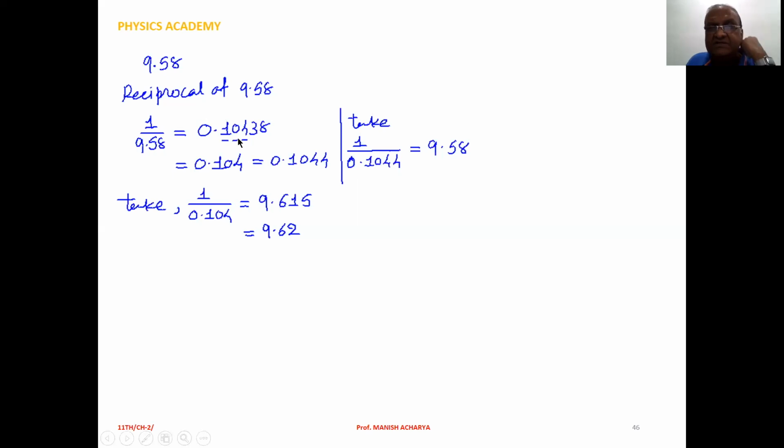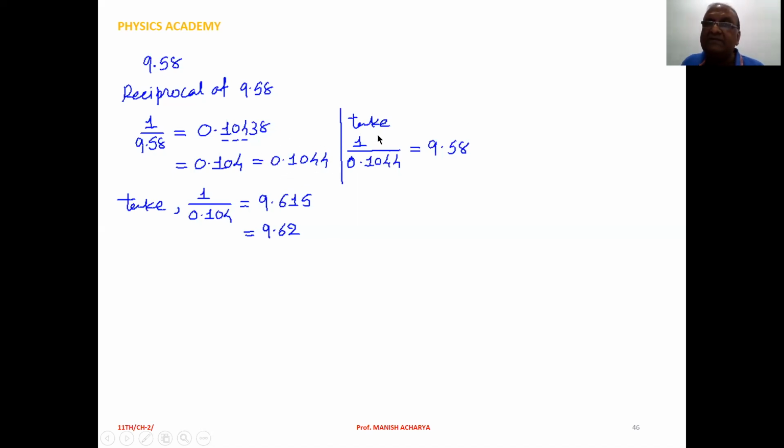So 0.104 and then the 4th significant digit. We have to discard only 8. Now 8 is greater than 5, so by the rules of rounding off we have to add 1.